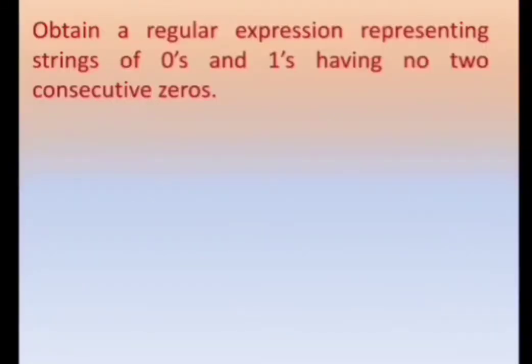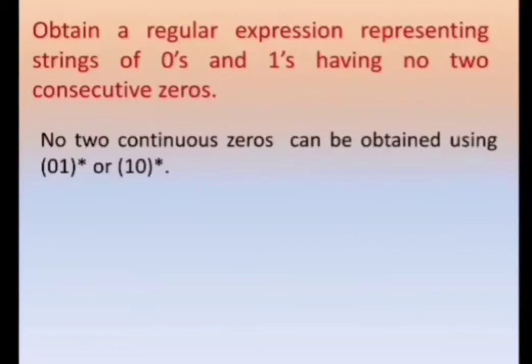The next problem is: obtain a regular expression representing strings of zeros and ones having no two consecutive zeros. No two continuous zeros means we can have either 01 or 10 repeated strings. 01 may have an optional 1 at the beginning, written as epsilon + 1, and an optional 0 at the ending, written as 0 + epsilon.